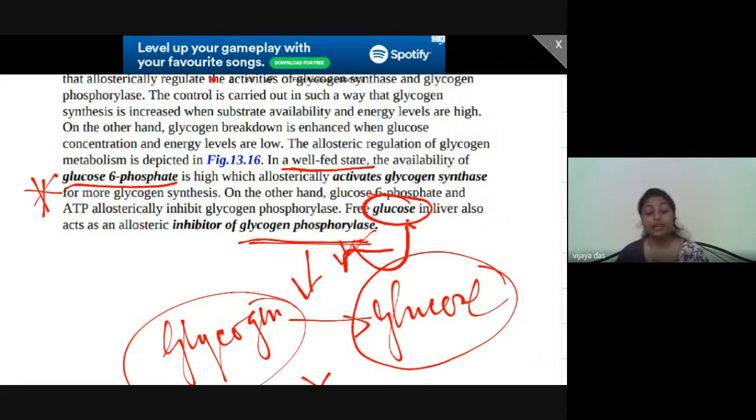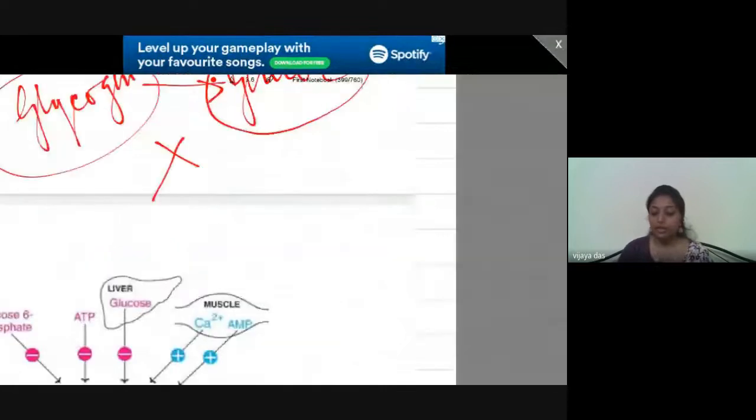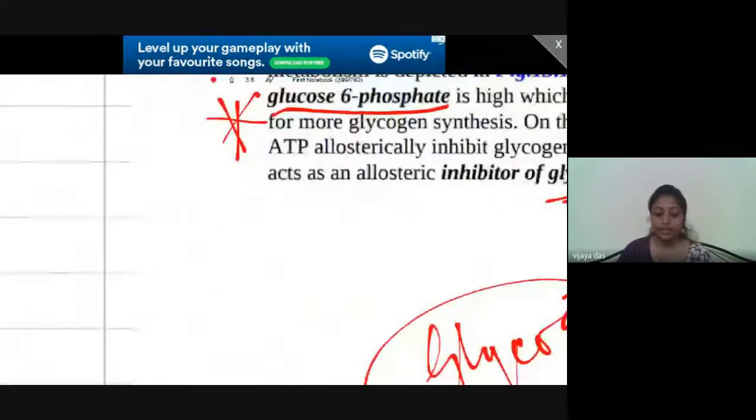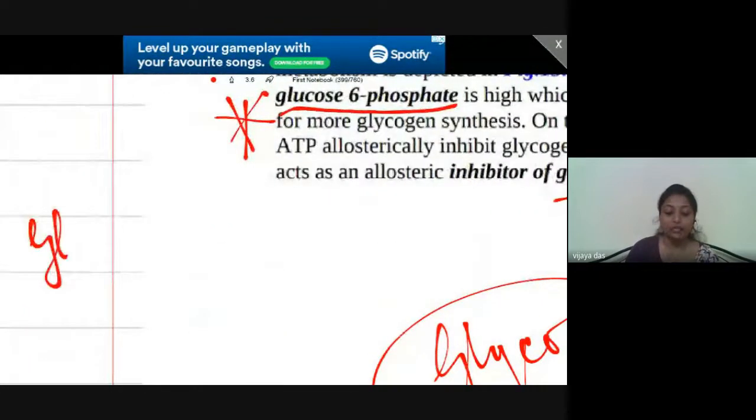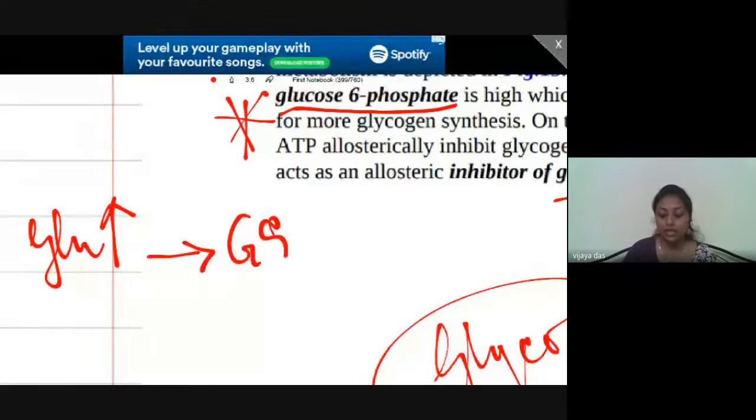Now, if there is more glucose 6 phosphate, this glucose 6 phosphate will again bind allosterically with the enzyme glycogen synthase. So let's understand this relation: if there is high glucose in the blood, then the glucose 6 phosphate will bind with glycogen synthase and glycogen will be produced.